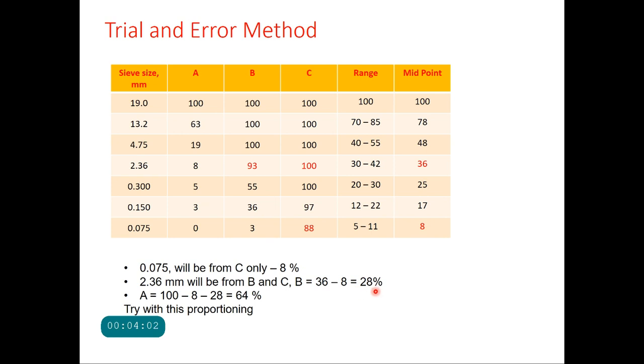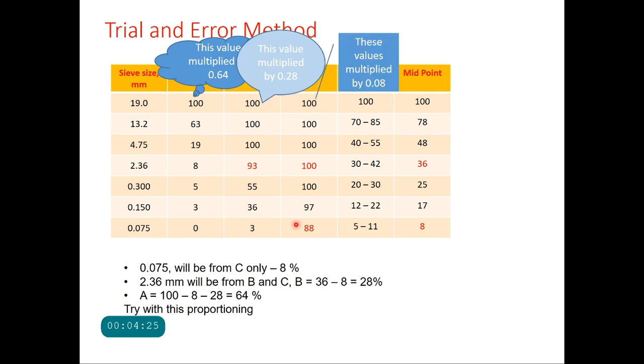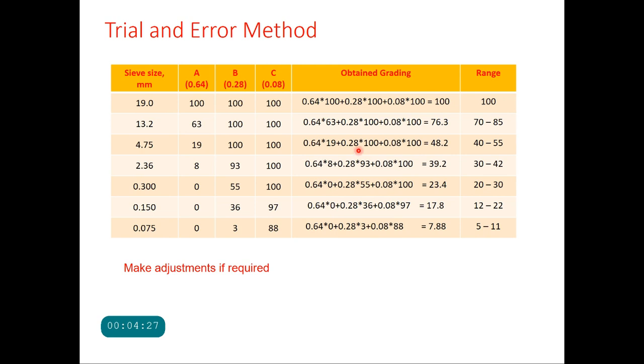So 28% of B. Now the remaining will be A. So we start our trial with these proportions: 64% of A, 28% of B, and 8% of C. If you multiply these values by 0.64, these values by 0.28, and these values by 0.08, you will get the grading like this.